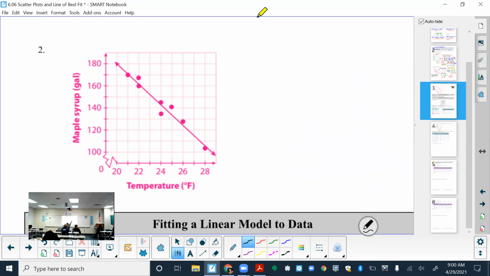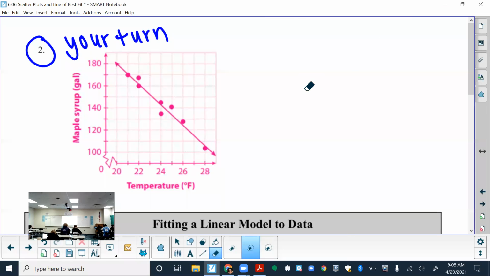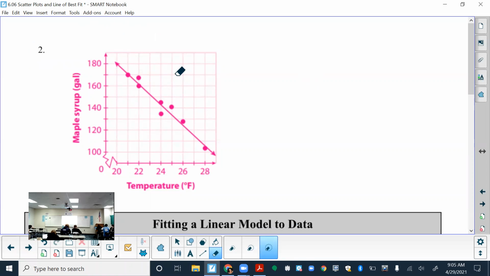All right, it does not have to be the data points that you use, because what if there's no data points that are on the line? So what are the data points that you use? What's one of them that appear to be on the line?